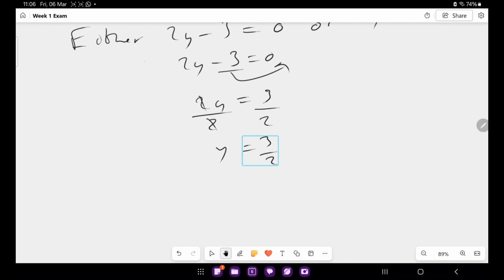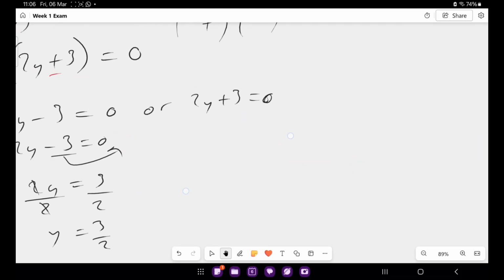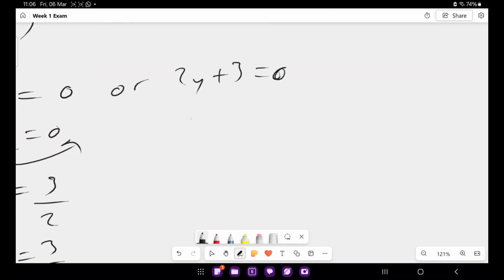Let's go to the other side, to 2y plus 3. So 2y plus 3 is equals to 0. 2y is equals to minus 3 because we took the positive 3 and we send it to the other side.